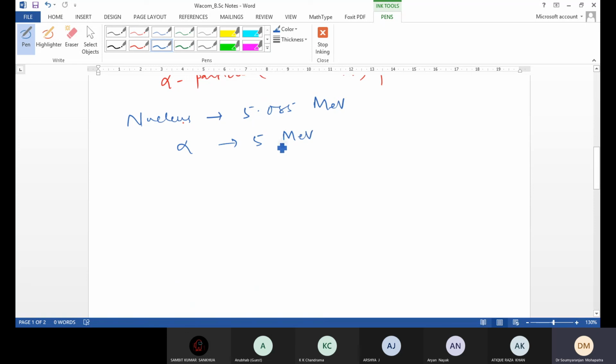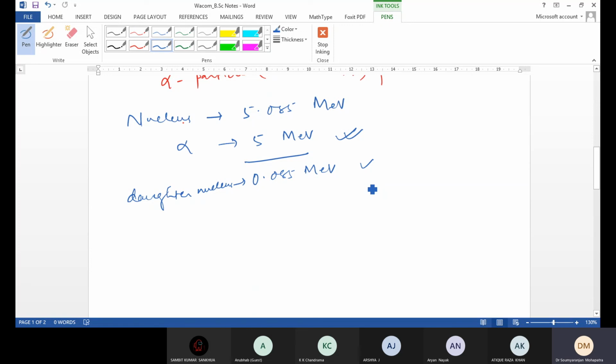So what is the remaining energy? This remaining energy of 0.085 is carried by the daughter nucleus. So now can you compare? The alpha particle has more energy as compared to the daughter nucleus.